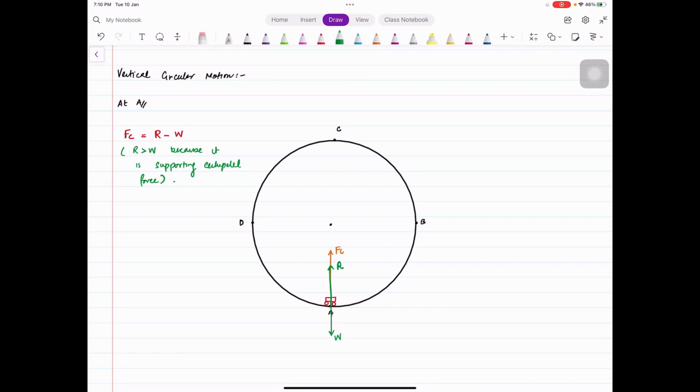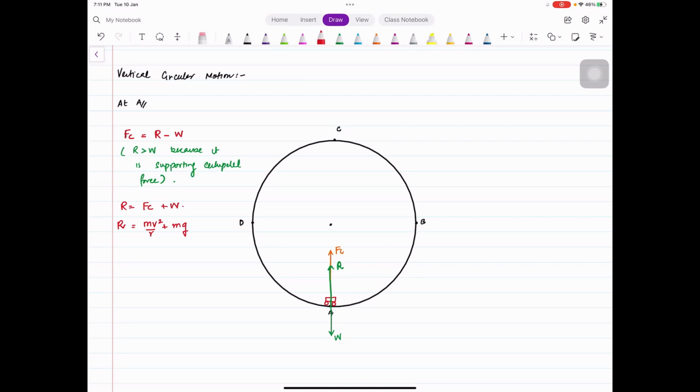Then we would like to find R. So R can be written as Fc plus W. Centripetal force is mv squared over R, and W is mg. So that's what R is going to be. You can make the equation according to whatever you need at that time.